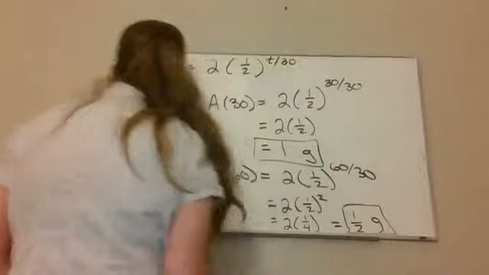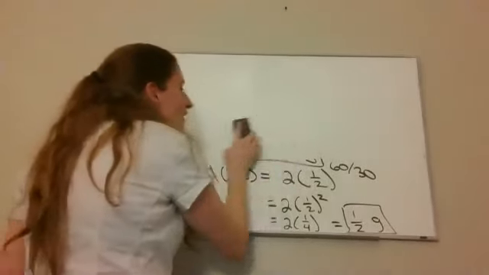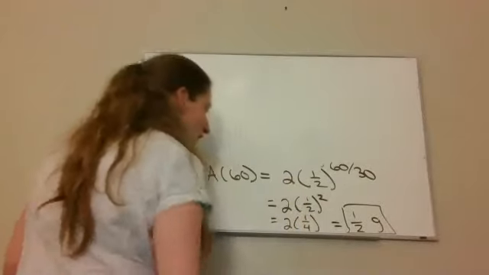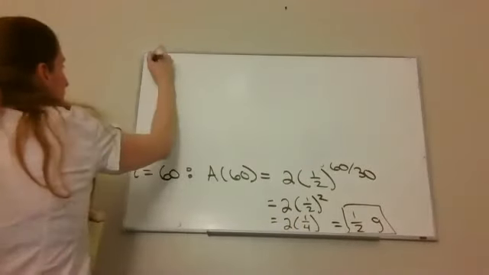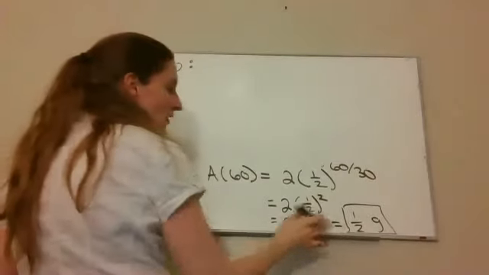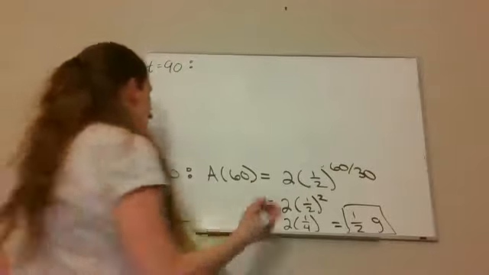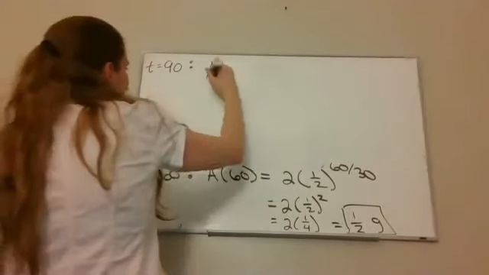Our last one to check was t equals 90. So that's another 30 years. That's another half-life. So we should expect that half of this material will disappear, which would put it down to 1/4 of a gram. And we'll check with the formula to make sure that happens.